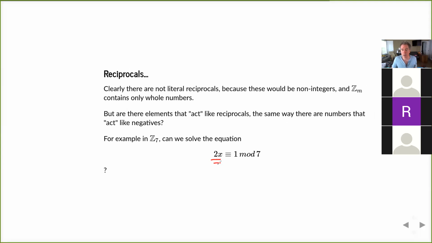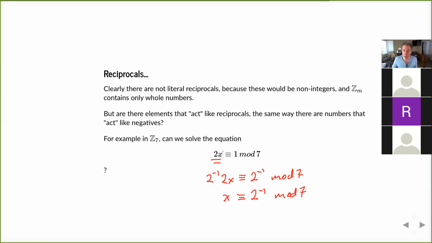So you need something so that when you multiply both sides by that thing, the 2 gets canceled. So I would do 2 inverse times 2x is congruent to 2 inverse mod 7. And then x would be equal to 2 inverse. But what is 2 inverse?